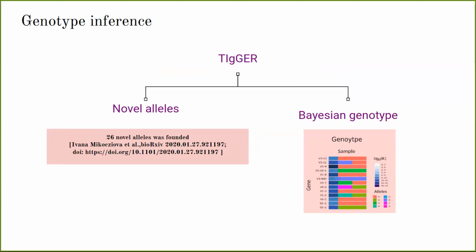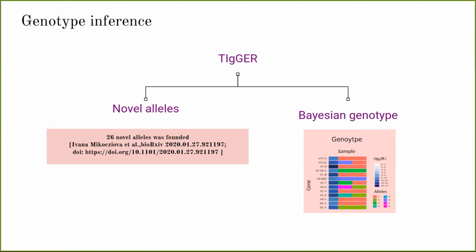In our data set, we found 26 novel alleles, and just recently our partners published a paper about the 26 novel alleles. The other way is that we used it to infer Bayesian genotype, basically meaning which genes and alleles an individual has.